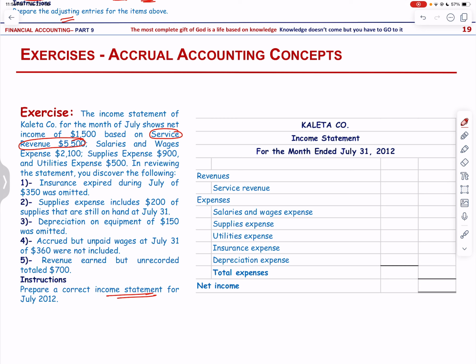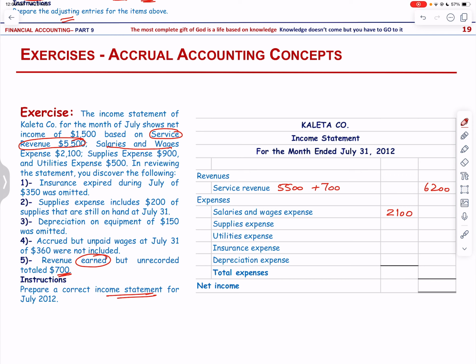You can see revenue earned but unrecorded is 700. So 5500 plus 700, that makes 6200. Then we have salaries and wages expense of 2100.